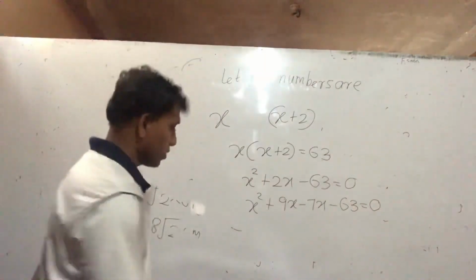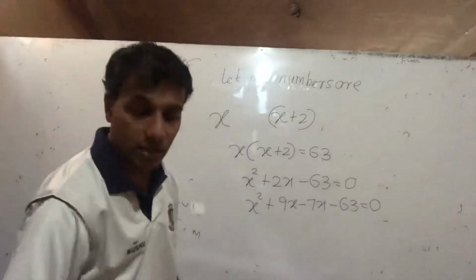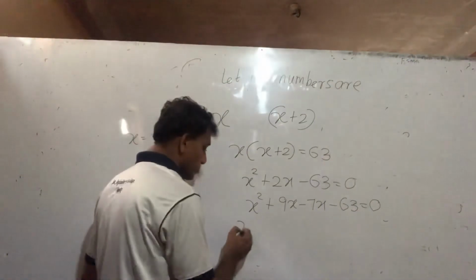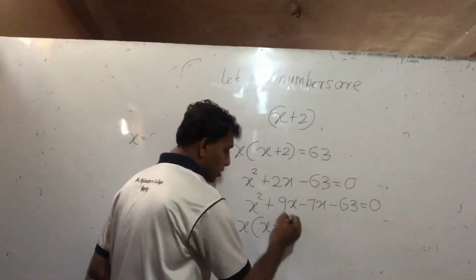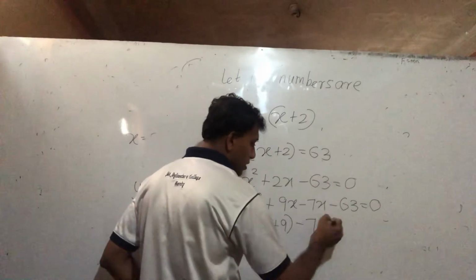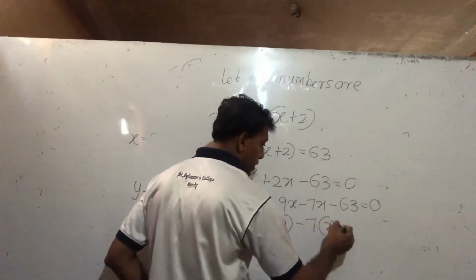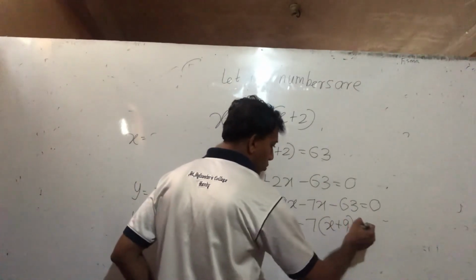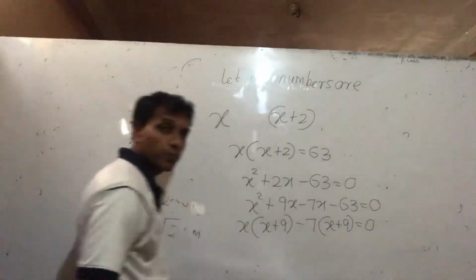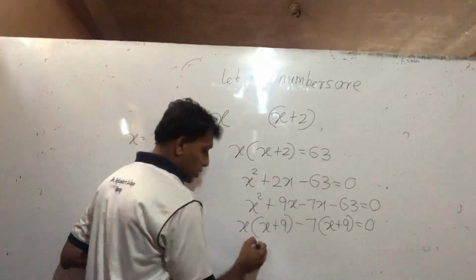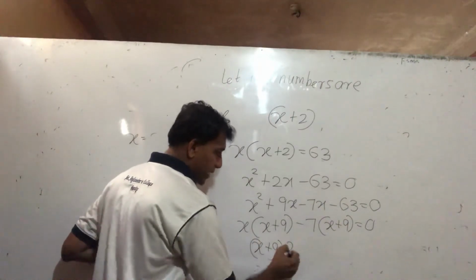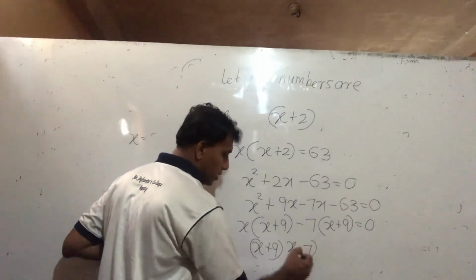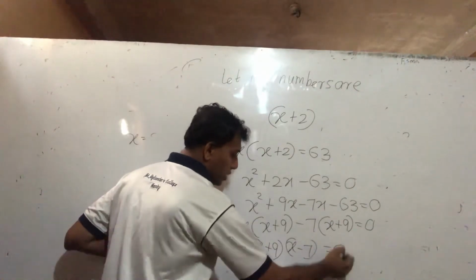Now you know the rest of the parts. To factorize, take x common: x into x plus 9, here take minus 7 into x plus 9 equal to 0. So see, x plus 9 is one factor, the other factor is x minus 7 equal to 0.